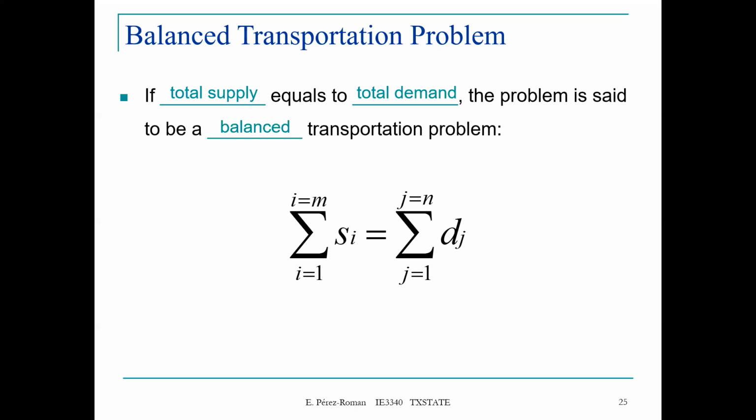If you sum everything that you have available in your company or in your different branches of warehouses, and the total equals the total of all the stores' demand, then you can say that that is a balanced transportation problem. So the summation of the supply, which is on the left side of this equation, is equal to the summation of all the demands, which is on the right-hand side of this equation.